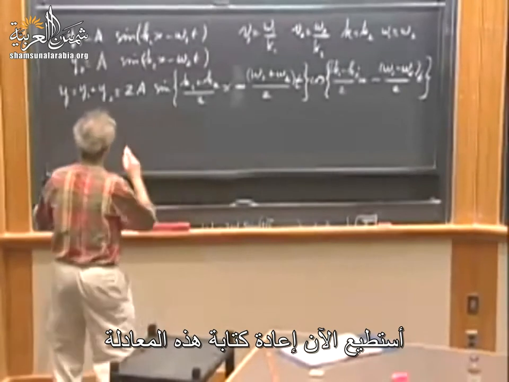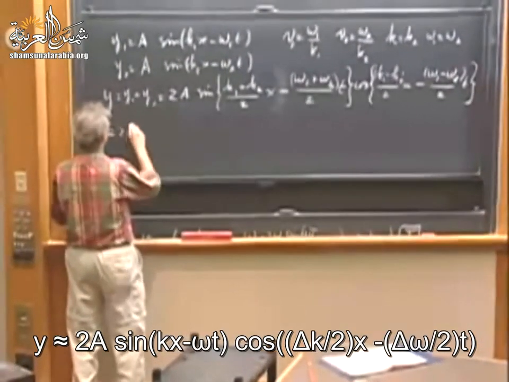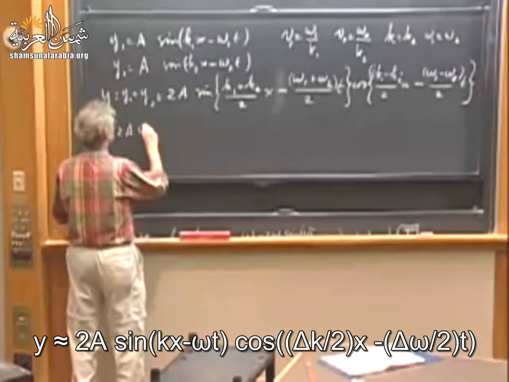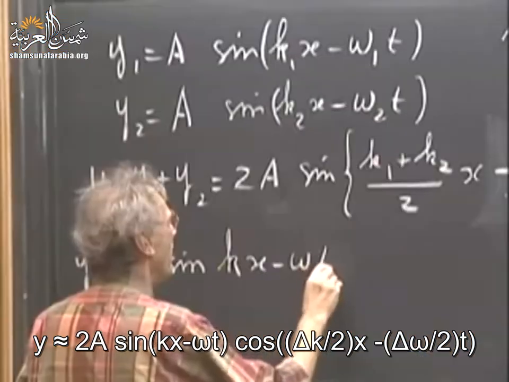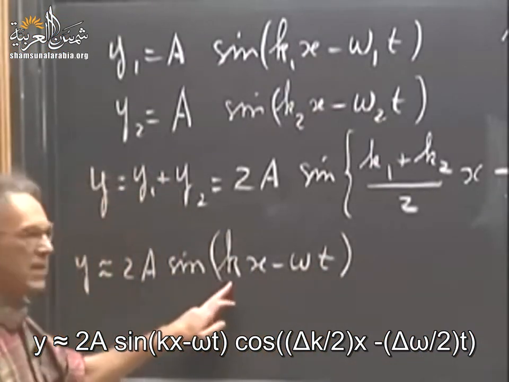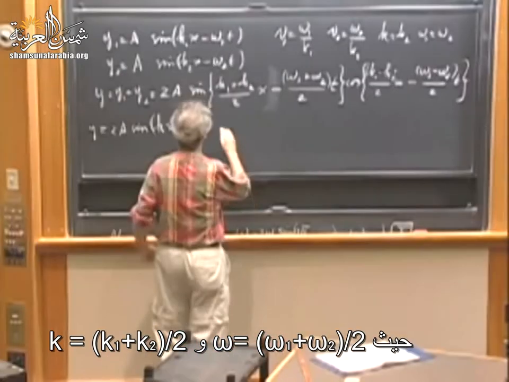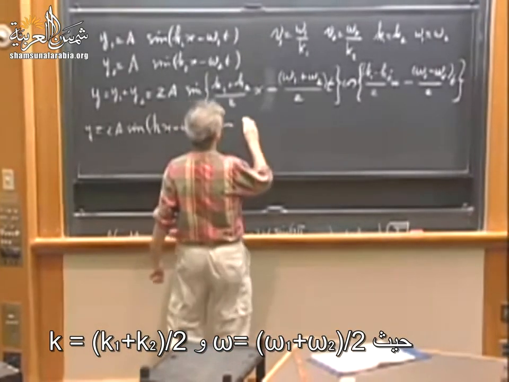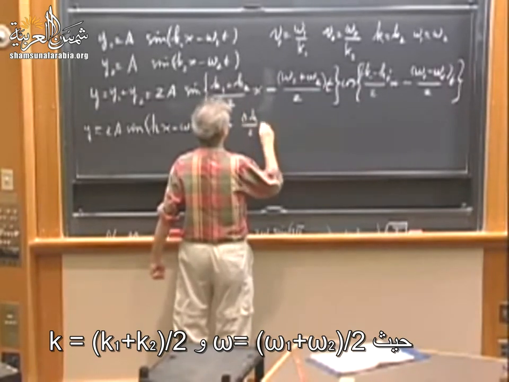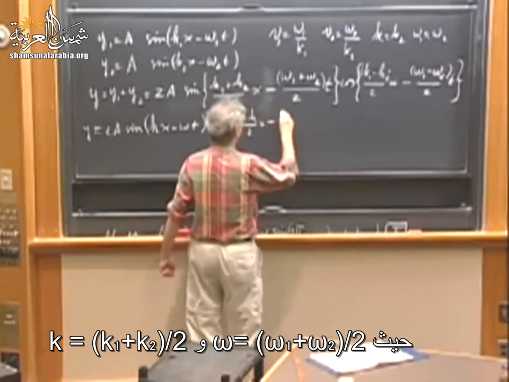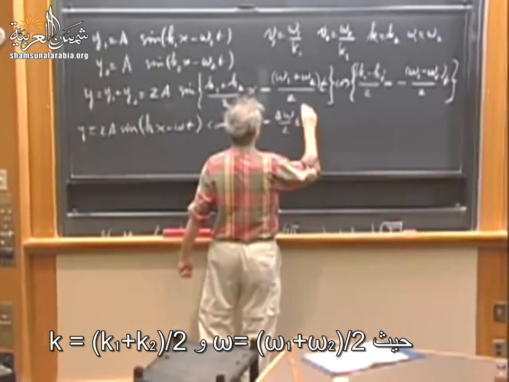So I can rewrite this now, that y is approximately 2a times the sine, and now I will just write kx minus omega t, k being now the mean value between the two, omega being the mean value between the two, times the cosine of delta k divided by 2 times x minus delta omega divided by 2 times t.